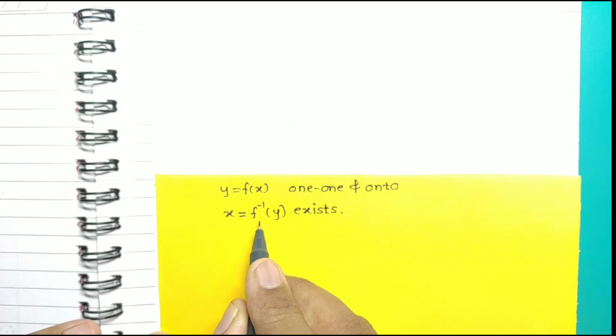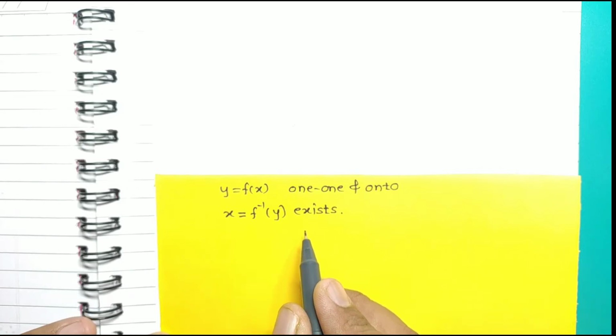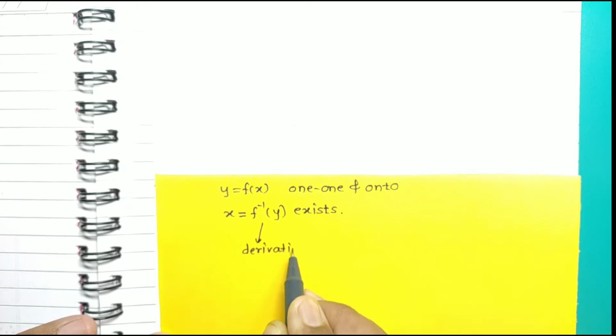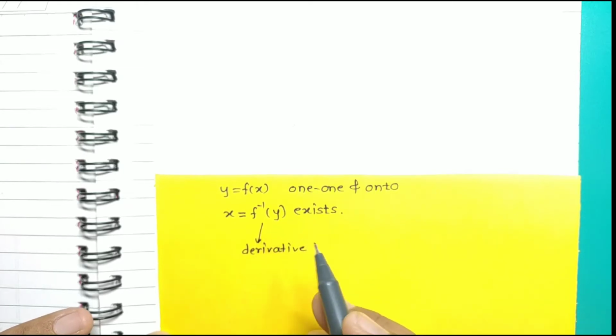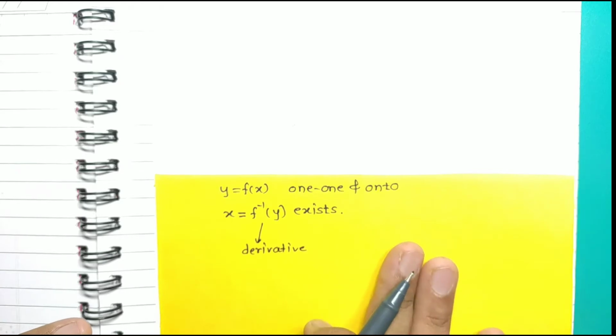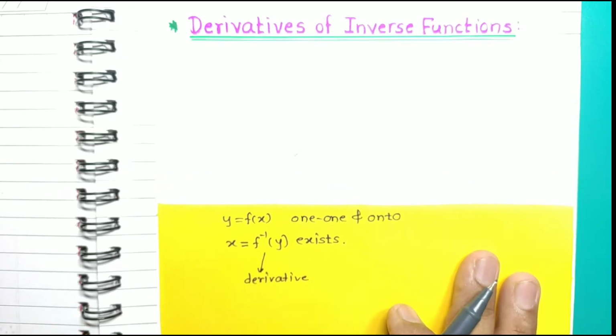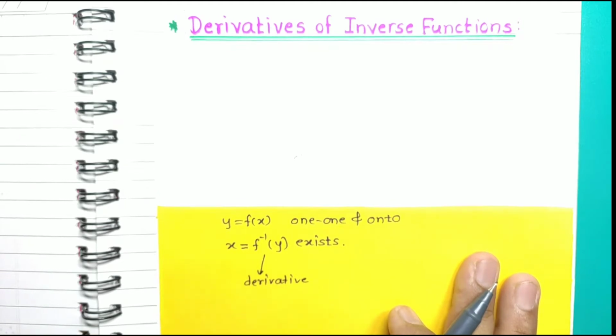If this inverse, f inverse of y, is a differentiable function, then we can find its derivative. So in this session, we are going to discuss derivatives of inverse functions.